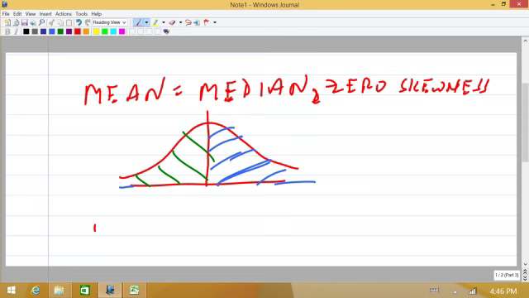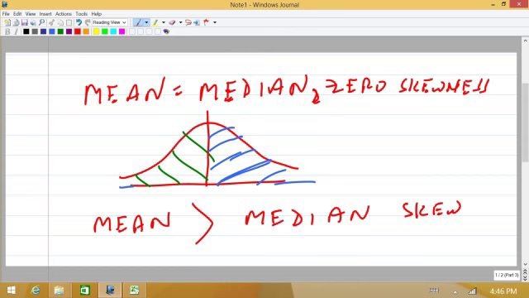Next, when mean is greater than median, the data is positively skewed or skewed to the right.